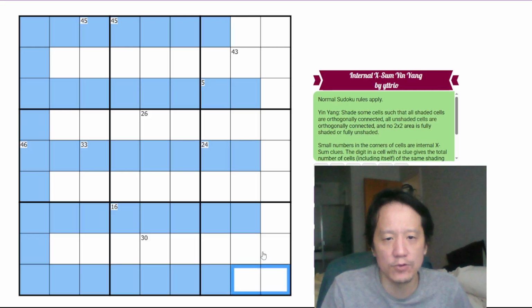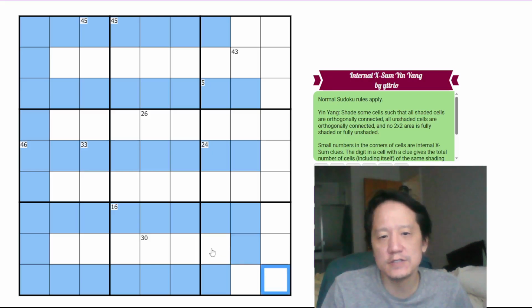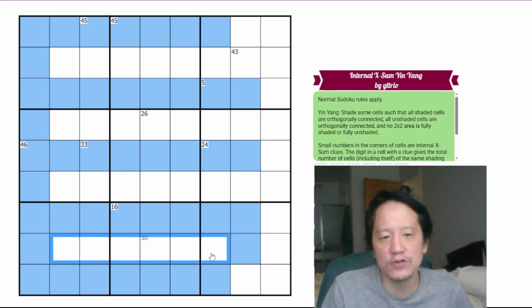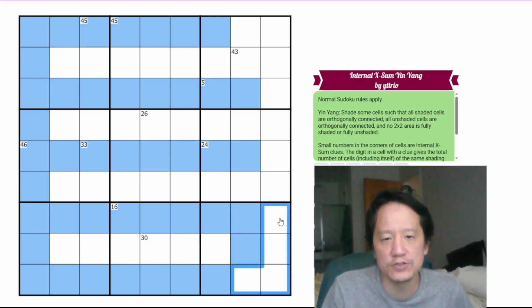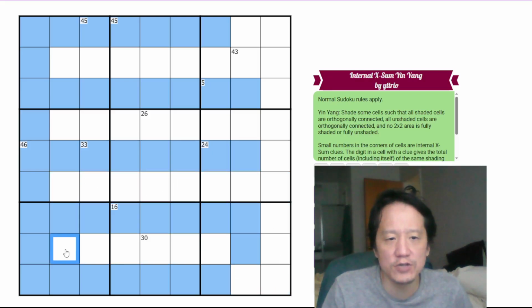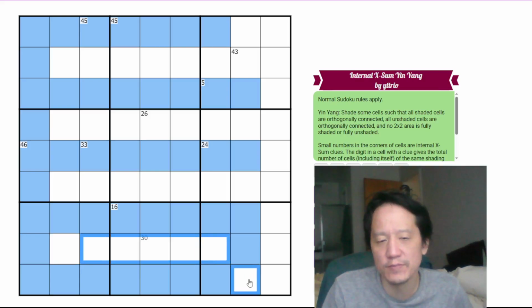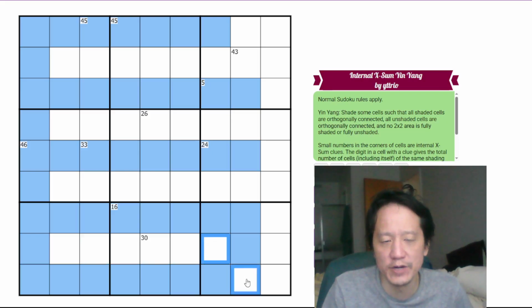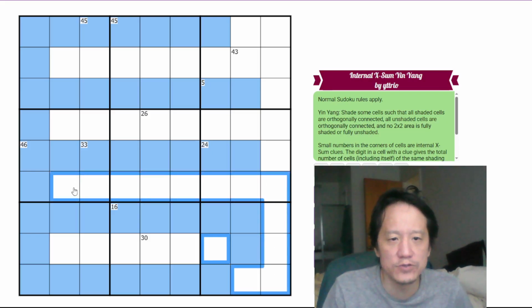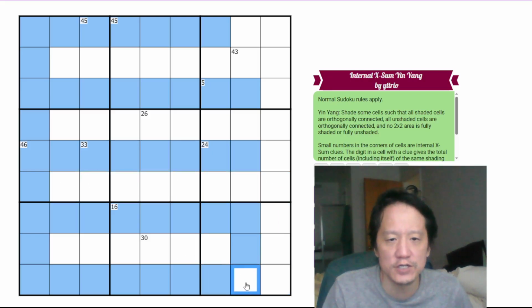What would not work is something like this. Because if you try to go from any of these unshaded cells to these unshaded cells, you cannot stay within that region just by going through edges, right? You would have to cross by going through a border or a corner here to connect using just unshaded cells.